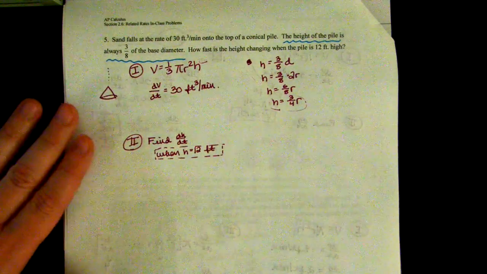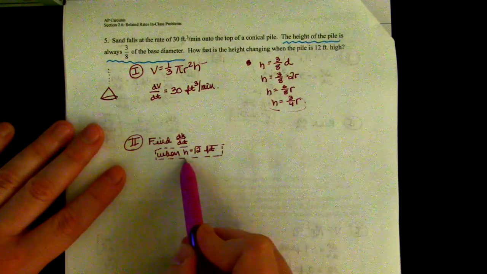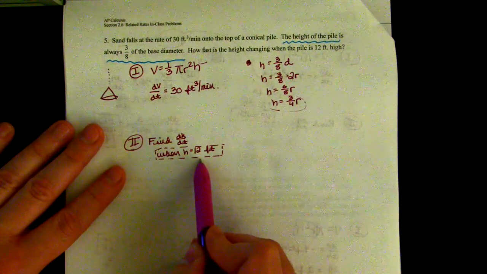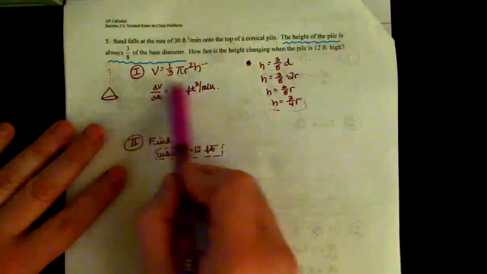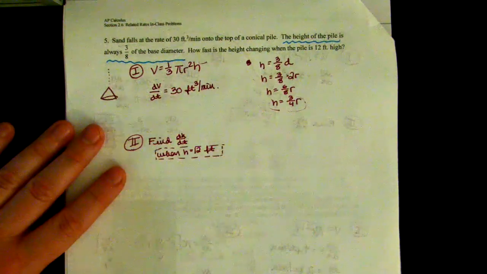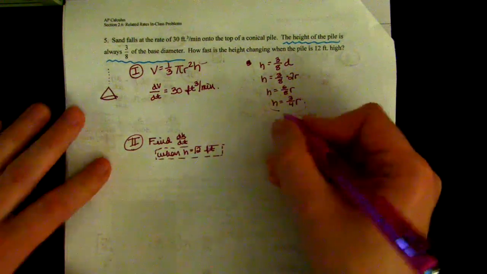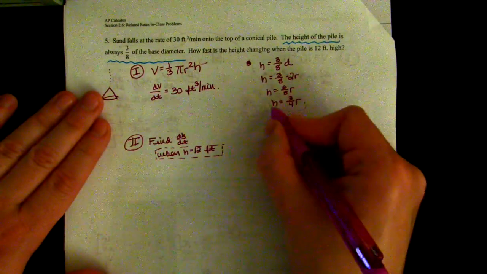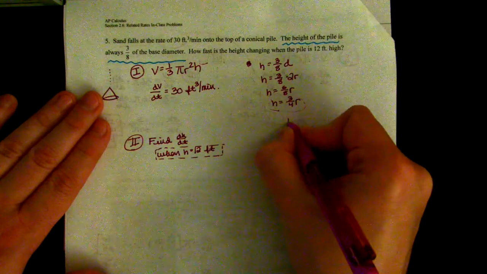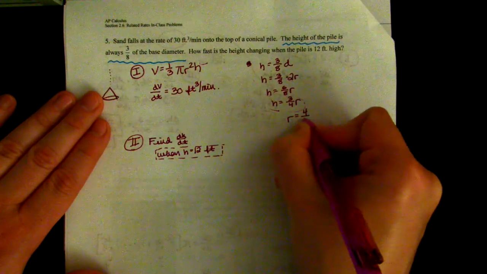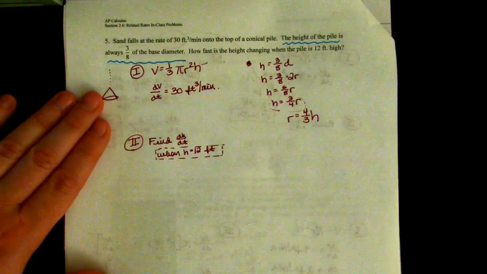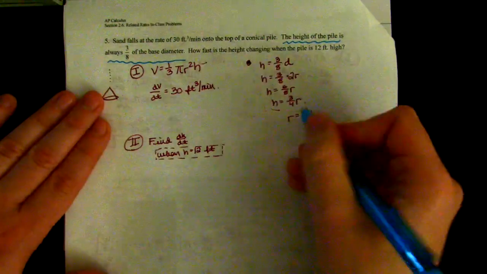Since I want to find dh dt, and I have information about an h, I want my volume formula to have h's in it rather than r's in it. So I'm going to solve this for r. I'm going to say r equals 4/3 h, and then I'm going to plug that in.